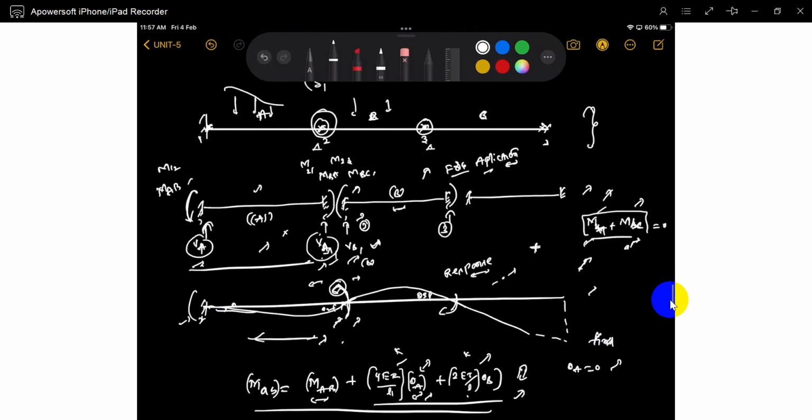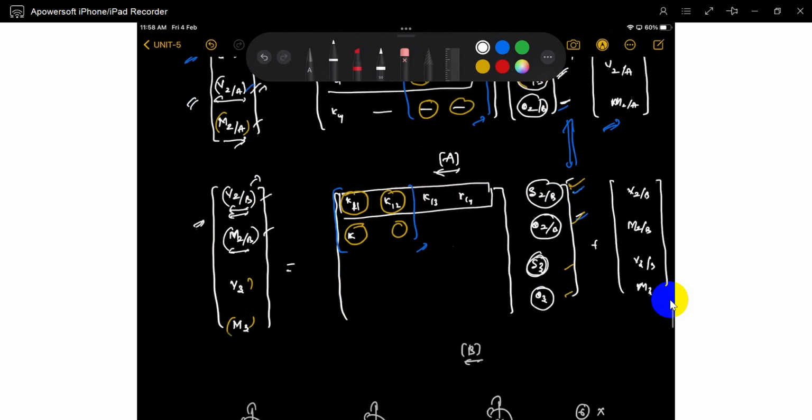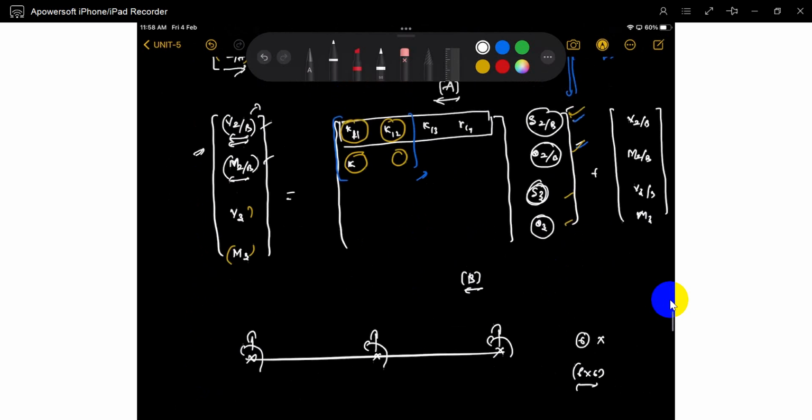Later, if you allow the forces, how much deformation will come? Keep that aside. Later you can combine and you will get the forces. How, sir? Same thing, you can now observe.